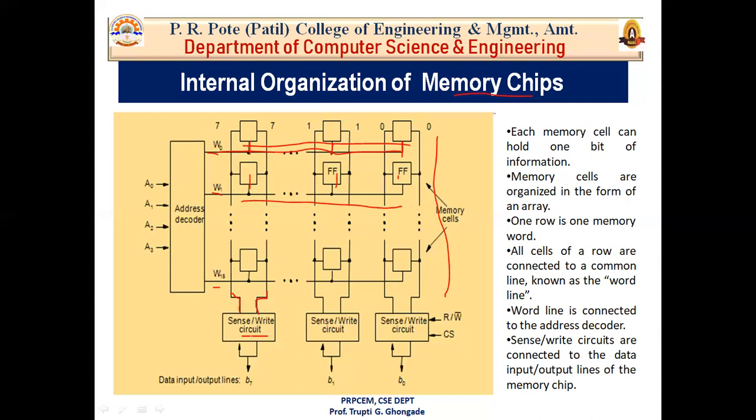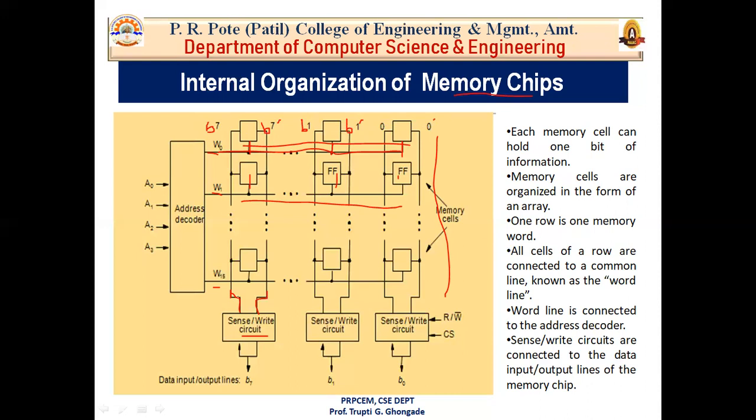These two lines are bit lines, B7 and B7 dash. Likewise there are bit lines B1 and B1 dash, and bit lines B0 and B0 dash.